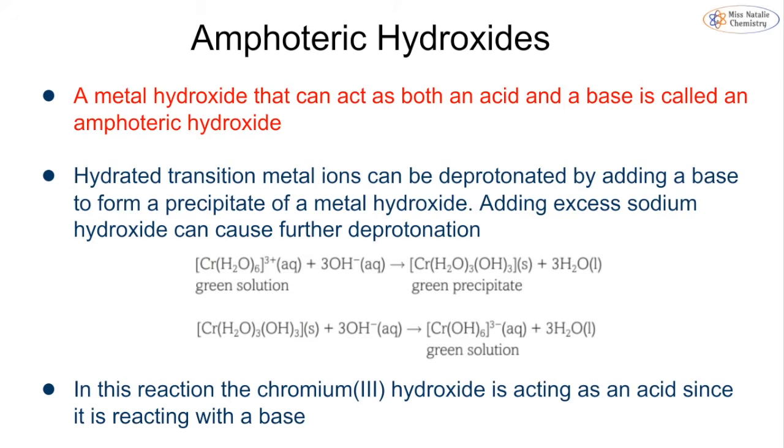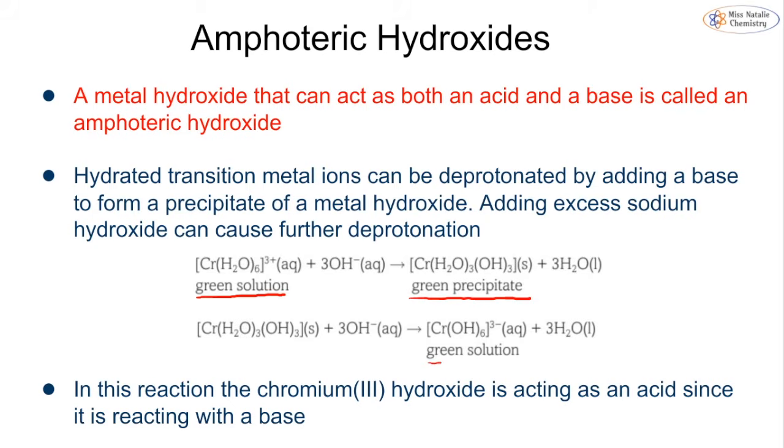If I take the hydrated chromium, which is a green solution, and I add sodium hydroxide, I will make this green precipitate of chromium 3 hydroxide. This chromium 3 hydroxide can react with further sodium hydroxide, so to be in excess, and this gives you additional deprotonation happening.